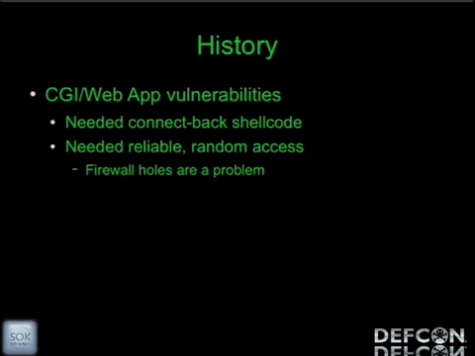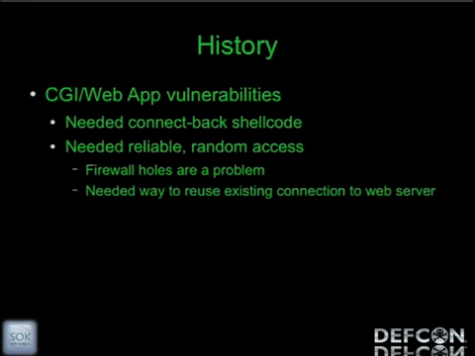Firewall holes are a bit of a problem because if I'm at a friend's place or at McDonald's, I don't control the network. I could pwn the network and gain control of it, but I really just want to take care of my end goal, my target. I needed a way to reuse existing connections to the web server.